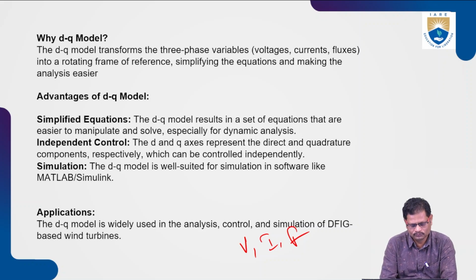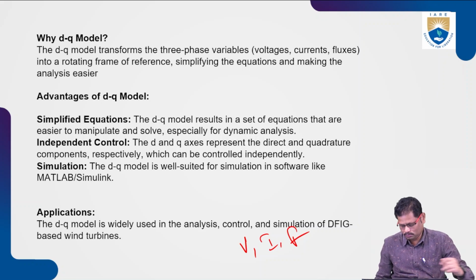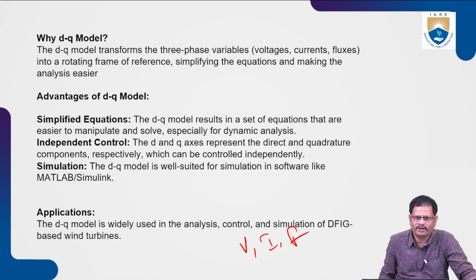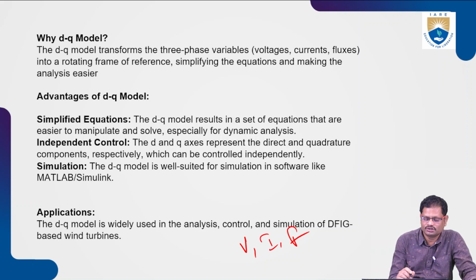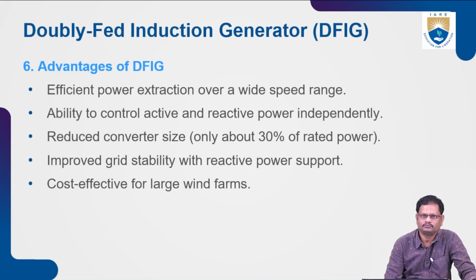Simulation: here MATLAB or other simulating software is used to simulate the DQ model very easily. Applications: this DQ model is widely used for analysis, control and simulation of DFIG based wind turbines.